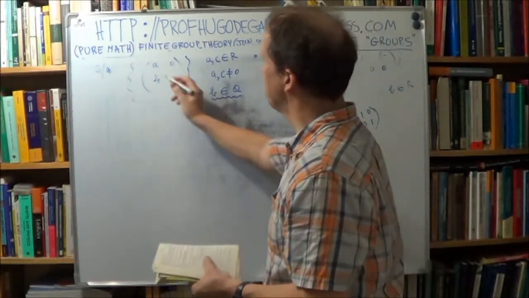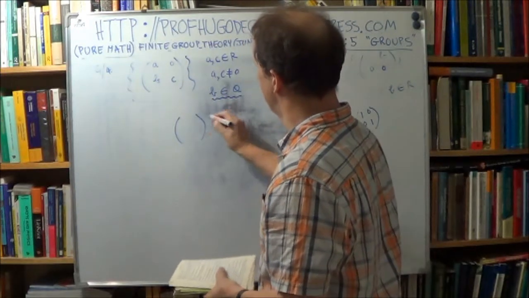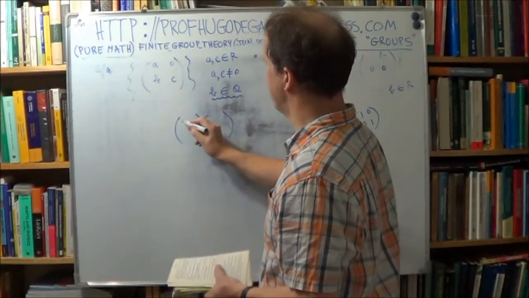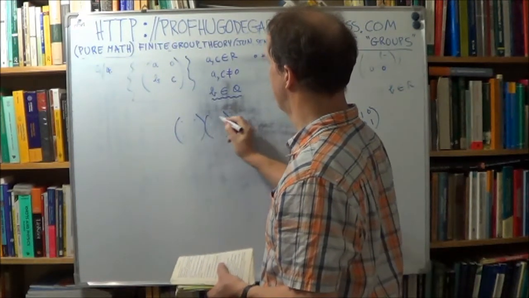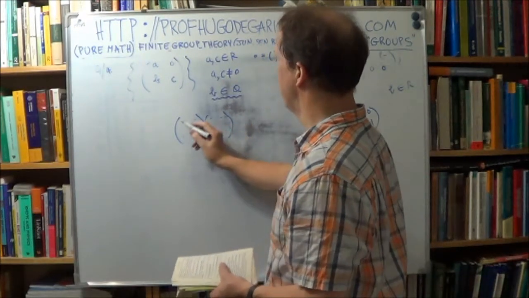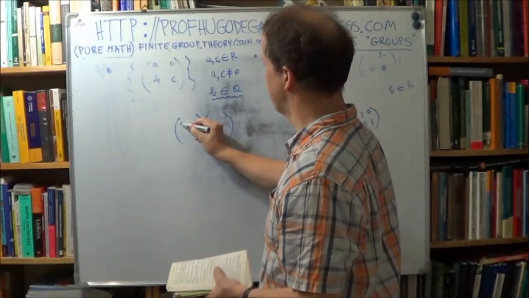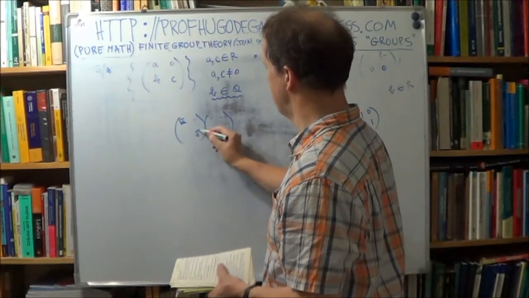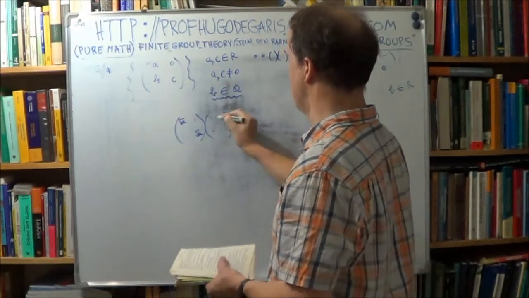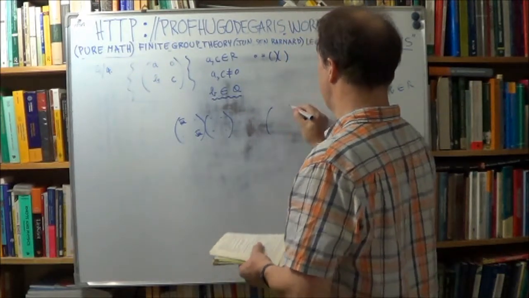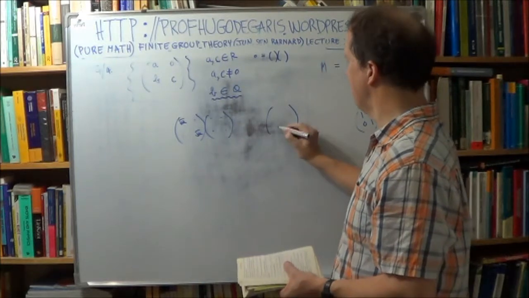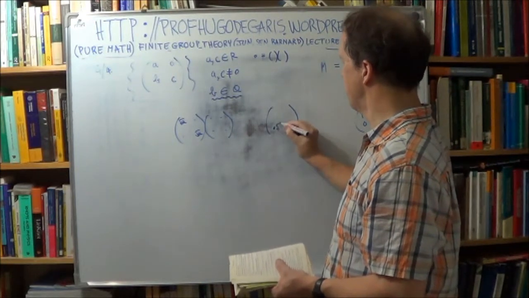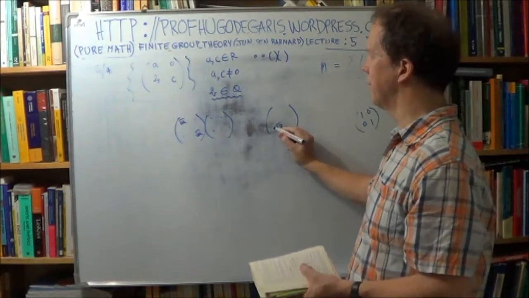So if I put square root of 2 here and root 2 here, and then I multiply them out, I won't actually do it, but I'll end up with something with the square root of 2 here.